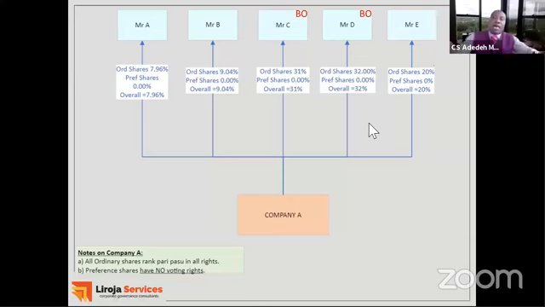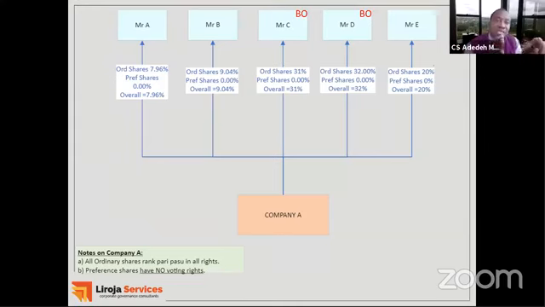So the earlier example left us at this stage where it was only Mr. C and Mr. D who are the beneficial owners. However, because now preference shares do not have voting rights, we disregard all preference shares when we determine percentages in voting rights.